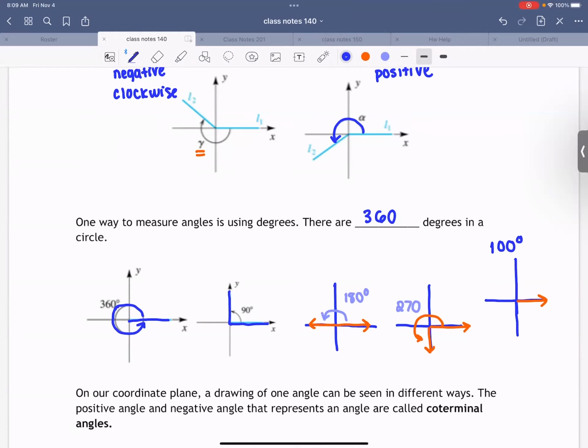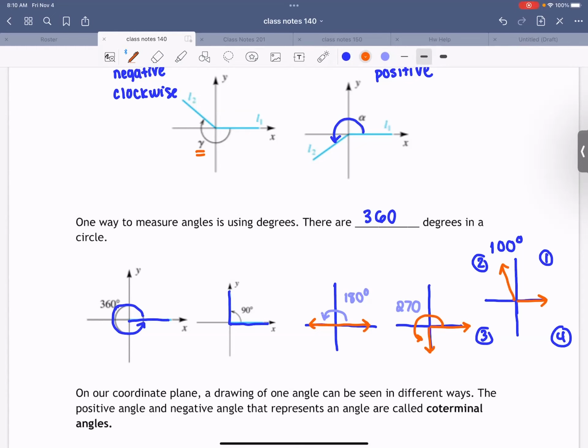Okay, let me give you quadrants here. This is quadrant 1, quadrant 2. Yeah, you think quadrant 2 because it's between 90 and 180, right? So I would expect it to be somewhere around here, maybe closer to the y-axis. Like that, because I know 100 is somewhere between 90 and 180.